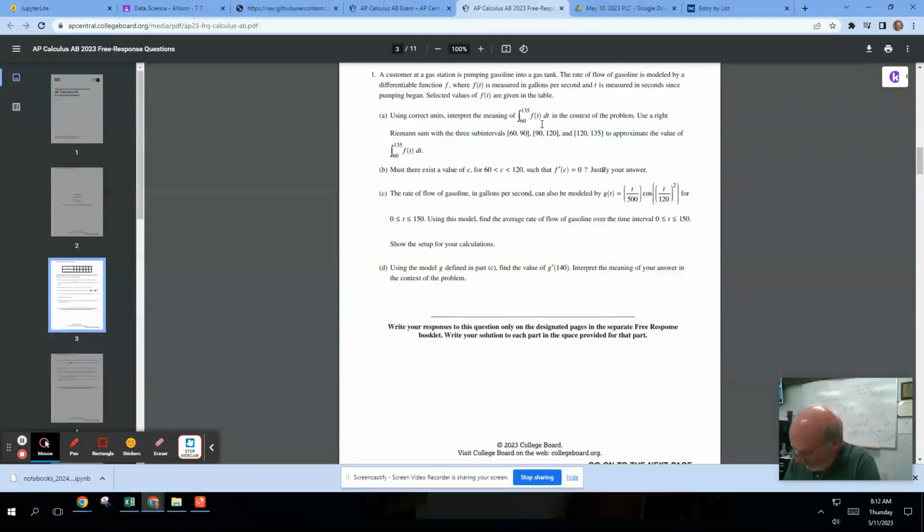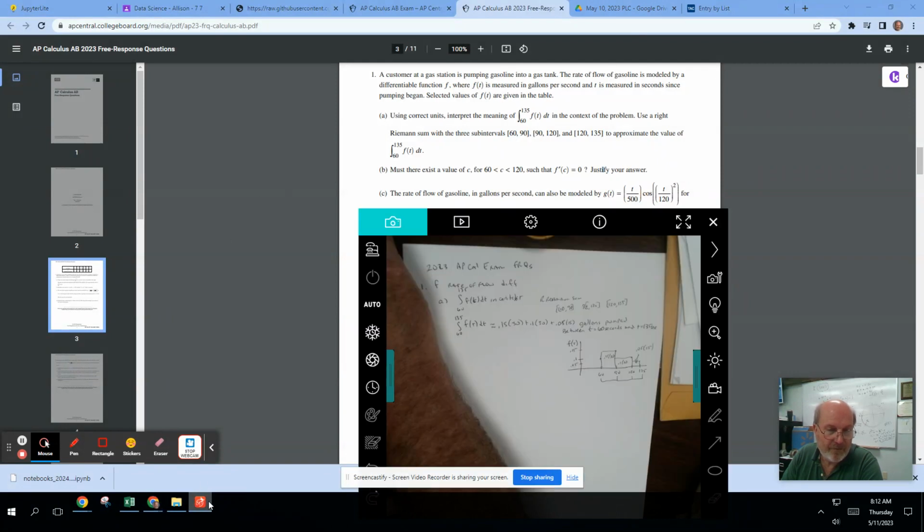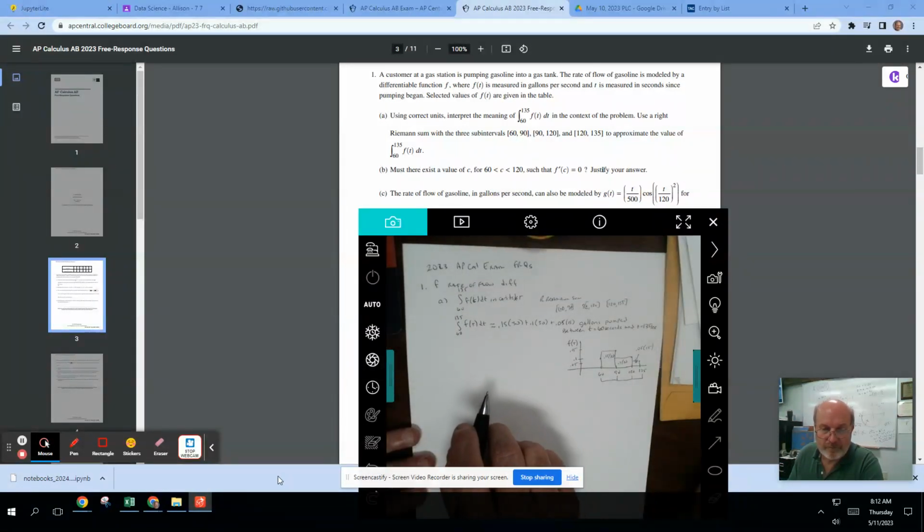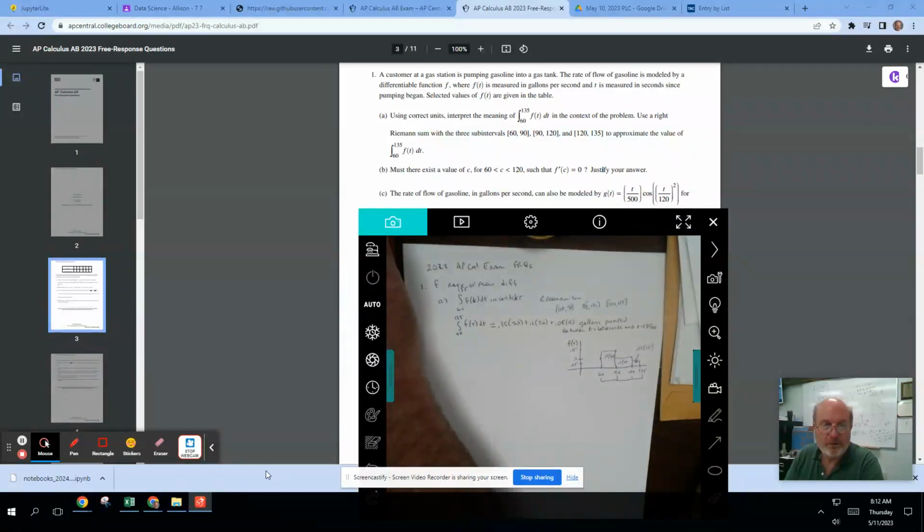So this is going to be gallons pumped between t equals 60 seconds and t equals 135 seconds. So that will be our solution to part A.